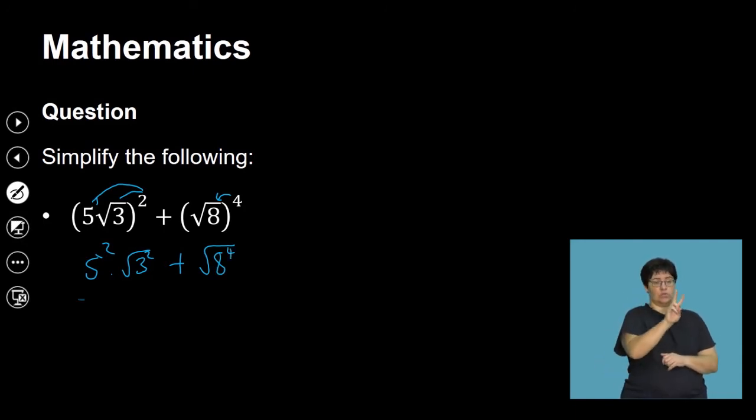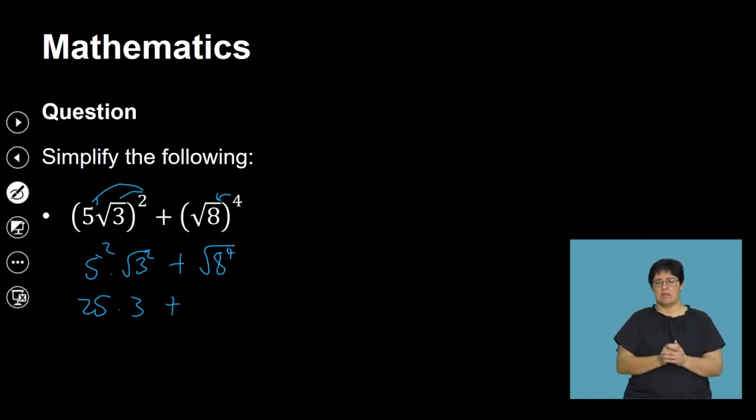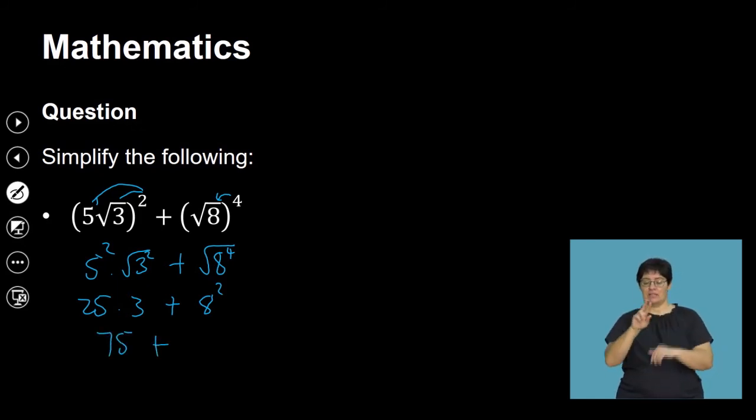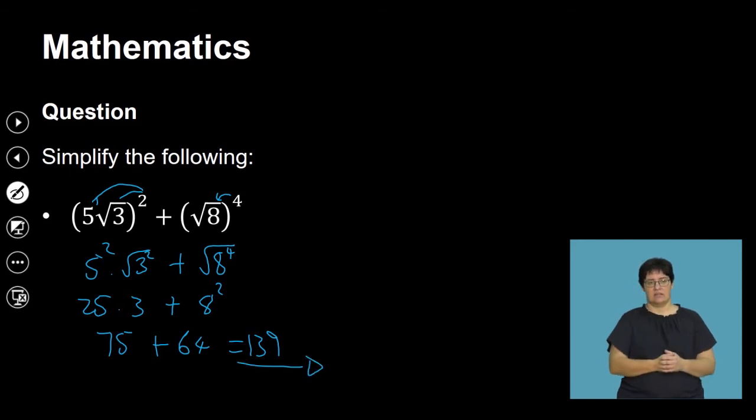And 5 squared we know is 25, multiplied by the square root of 3 squared, which will be 3, and then plus, so here I will have this the same as raised to an exponent of 1 over 2, so it will just give me 8 squared. And 25 by 3 is supposed to be 75, plus 8 squared will then be 64, and then you can add these numbers. This will just be the 9 there, add these 2, it will be 13, and that becomes my final answer there. Then you can play around with your answers there.